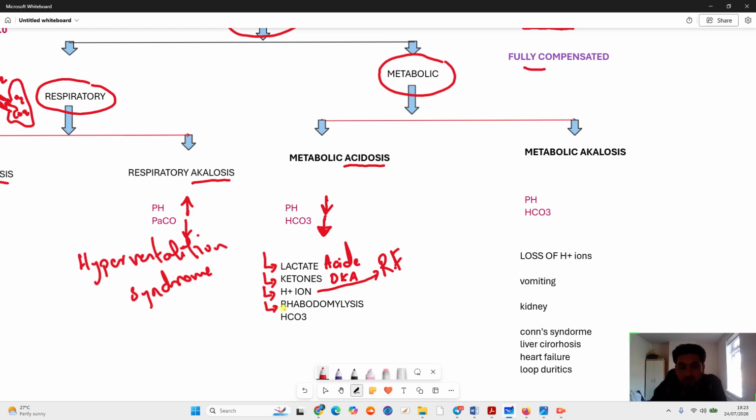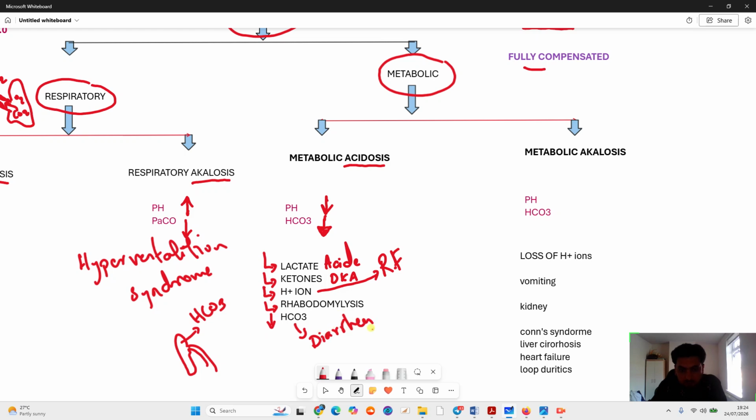Due to rhabdomyolysis, metabolic acidosis will happen. As well, due to less bicarbonate, metabolic acidosis will happen. We know that our kidney produces bicarbonate. So if the kidney does not produce enough bicarbonate, metabolic acidosis will happen.